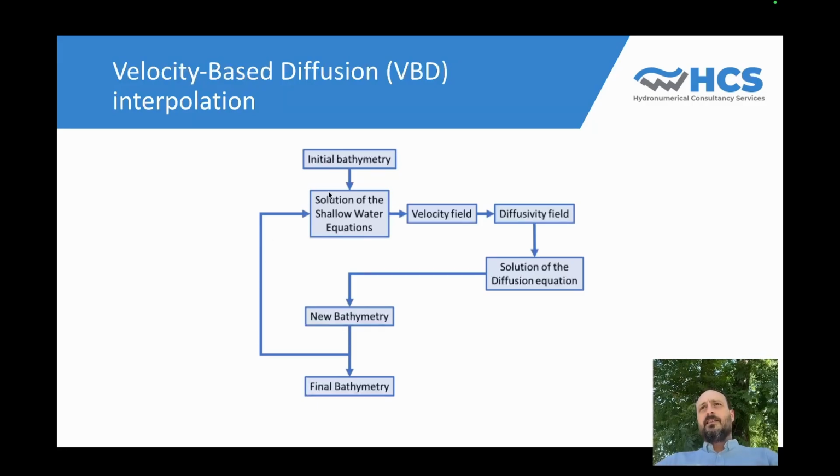Then we can iterate this methodology using this new bathymetry to solve the shallow water equations again, and we repeat the process a number of times until we get convergence. Typically this happens quite fast, so 2-3 iterations is probably enough, or at least it was enough for our tests, and you get a final bathymetry which you can then use for your main modeling studies, let's say.